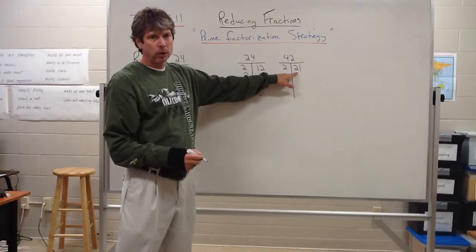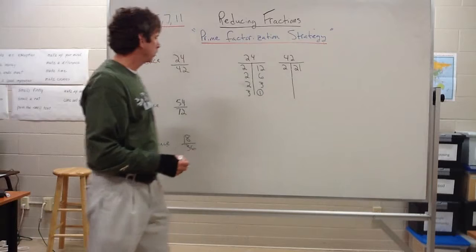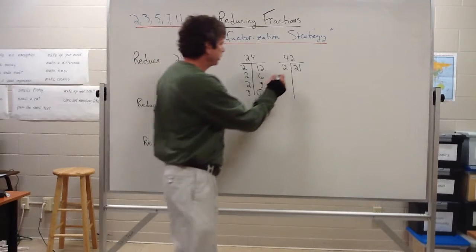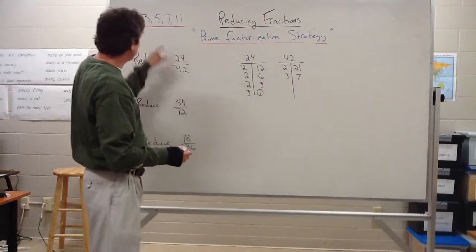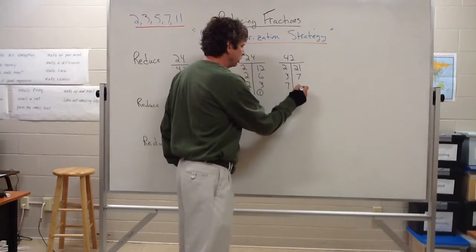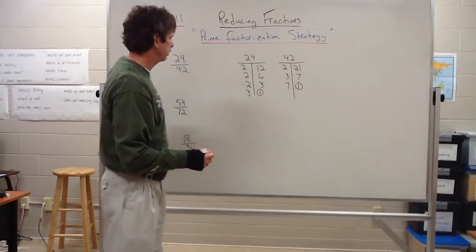Remember, 2 only goes into even numbers, and 21 is an odd number. So that won't work for us. We then turn our attention to the 3, and we do know that 3 goes into 21 7 times. We also recognize, well, 7 is a prime number, so 7 is going to go into itself 1 time. So this is our prime factorization of the 42.